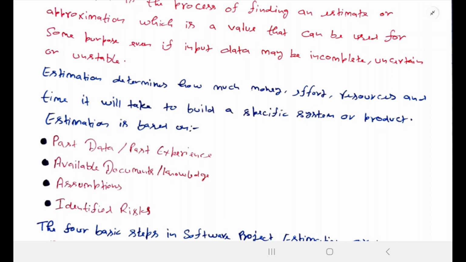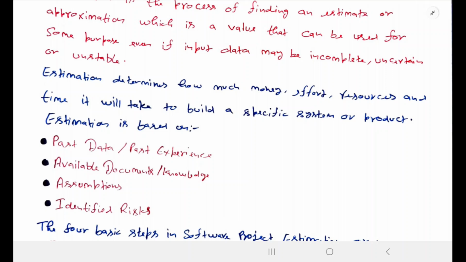The team or the planner is excited to know in advance about the effort, money, and what kind of resources are needed to prepare the particular project which that team is going to do.